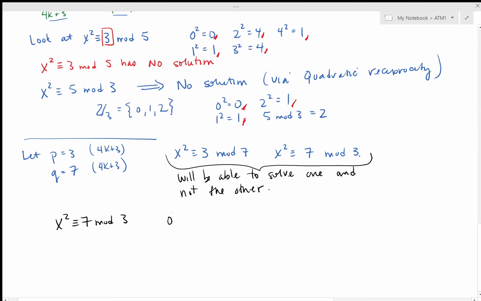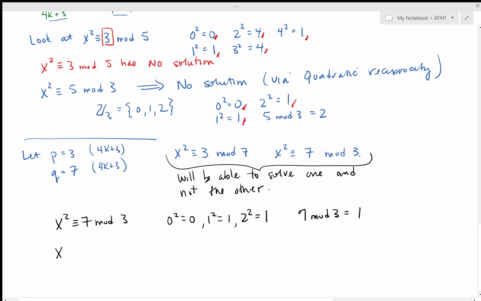We already in fact did this. 0 squared is 0, 1 squared is 1, and 2 squared is 1, because 2 squared is 4, and then mod 3, that is 1. And then what is 7 mod 3? 7 mod 3 is 1. Okay, so that means that one is solvable.